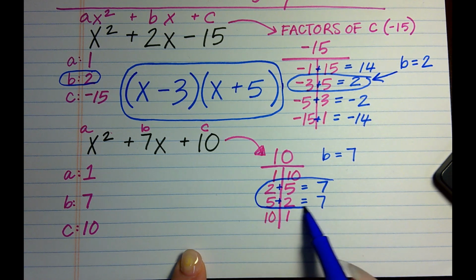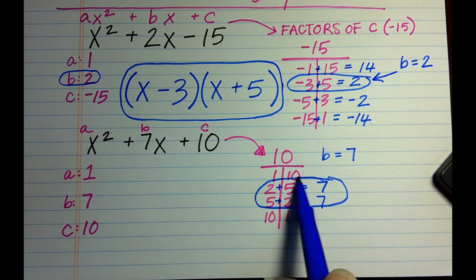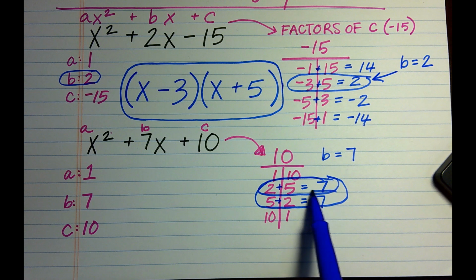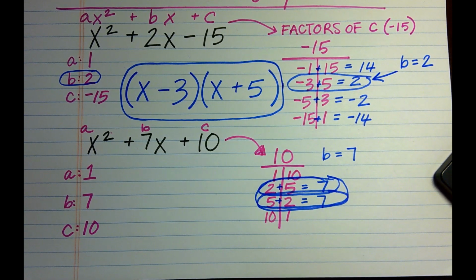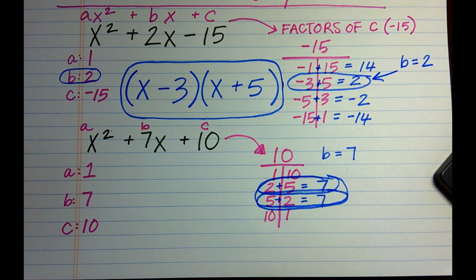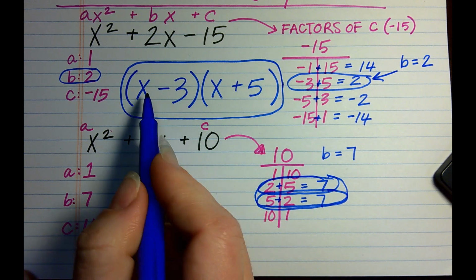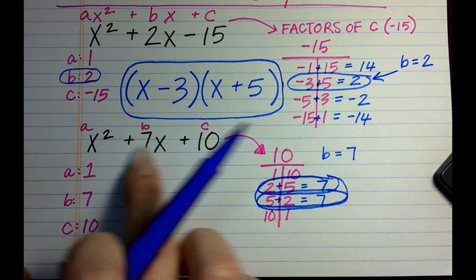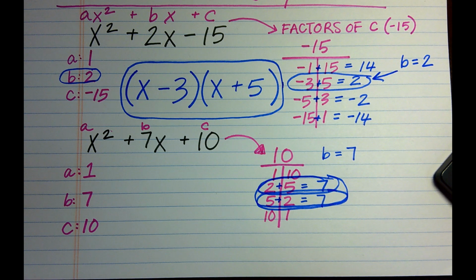So I'm going to just circle both of them and say that you can either do 2 and 5 or 5 and 2. So we have our numbers, and we know that our quadratic expression factors into 2 binomials where we have x plus something or minus something and another x plus or minus something.